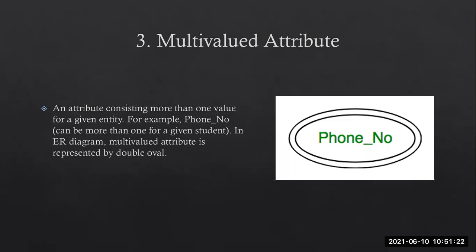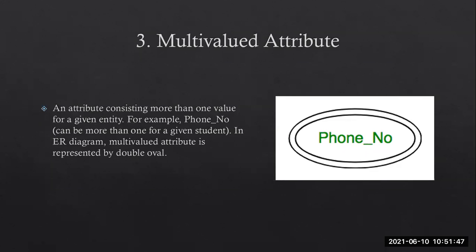If you don't know your university number, you can try to track it with your student ID also. Fine. So in this ER diagram, a multi-valued attribute is represented as a double oval. So when it is a double oval, you should say that it is a multi-valued attribute. When you have a single oval, that is a normal attribute.